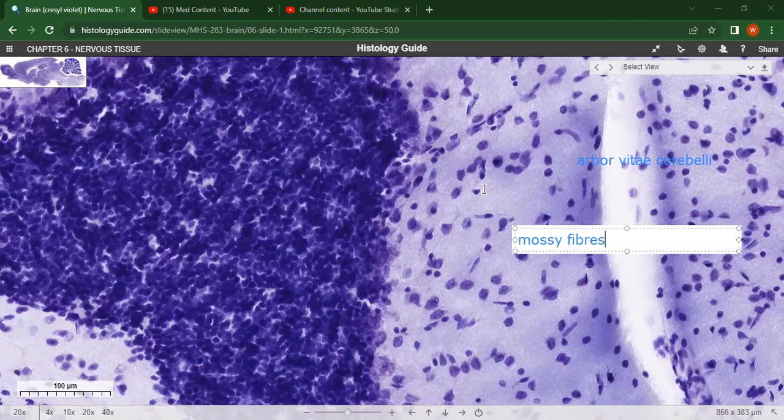Mossy fibers usually arise from all fibers or pathways that terminate in the cerebellum, except the olivocerebellar pathway and para-olivocerebellar pathway.